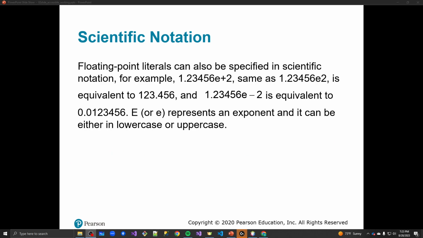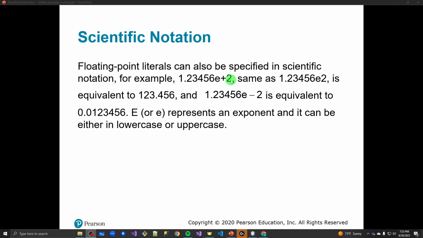And the last thing we're going to talk about in this video is scientific notation. We've covered a lot of different numbers. Floating point literals can also be specified in scientific notation. So if I say 1.23456 and then put the letter E plus 2, that means times 10 to the second power.